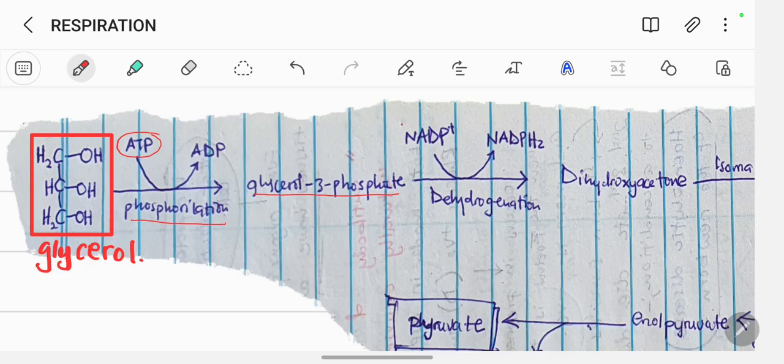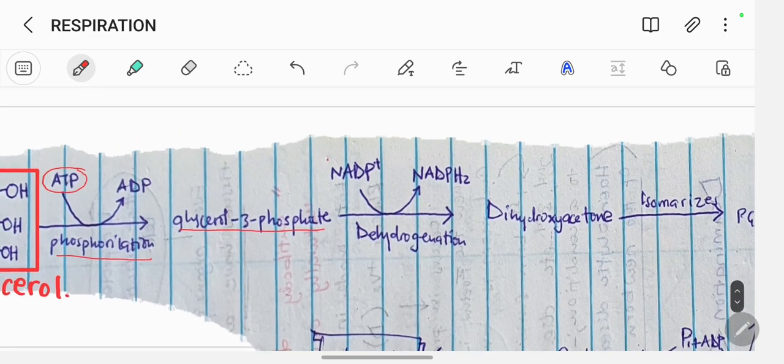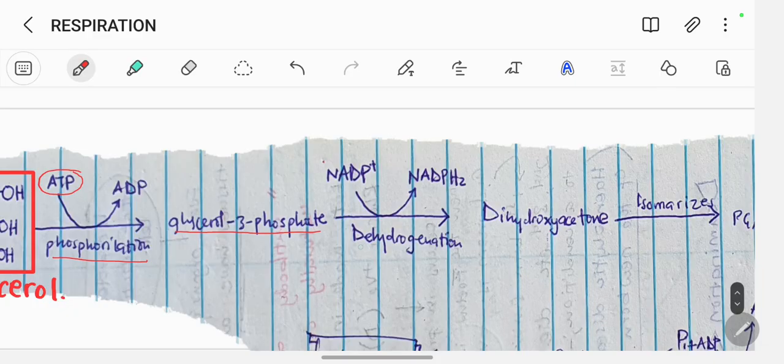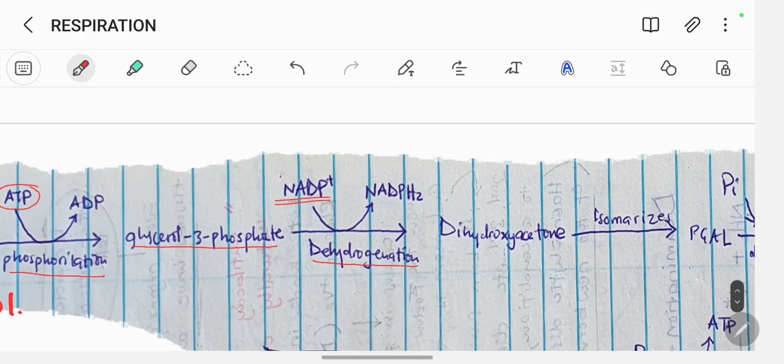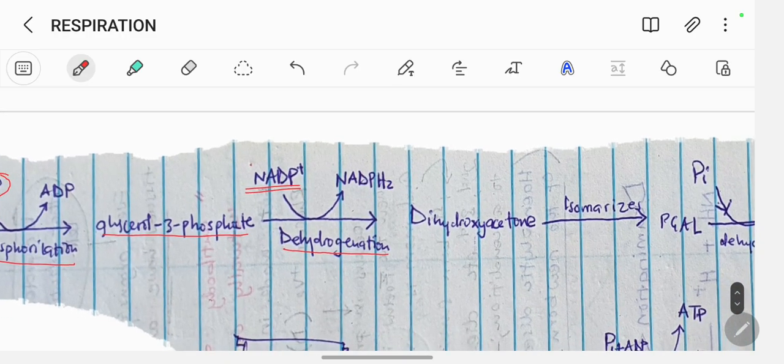Now as we form glycerol 3-phosphate, it's going to be dehydrogenated. What do I mean? Hydrogen is going to be scrapped off from our glycerol. So we very well know that this NAD is responsible for picking hydrogen atoms from our molecules or from organic compounds.